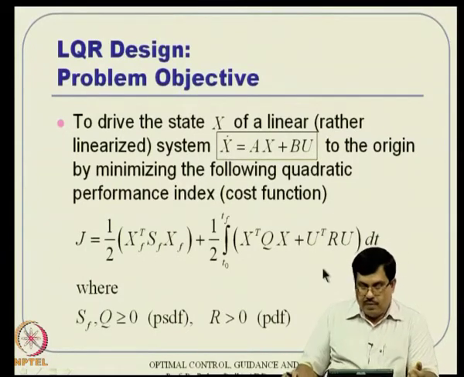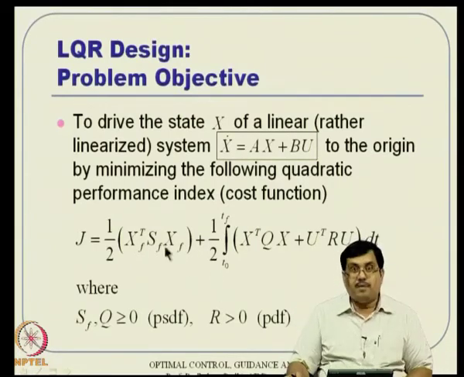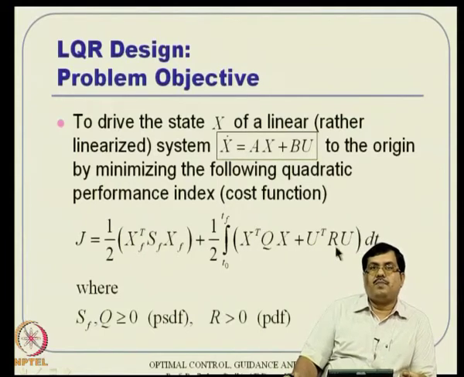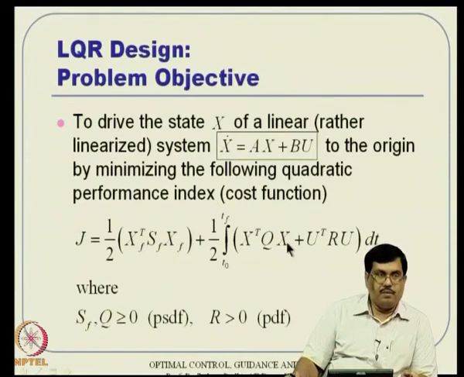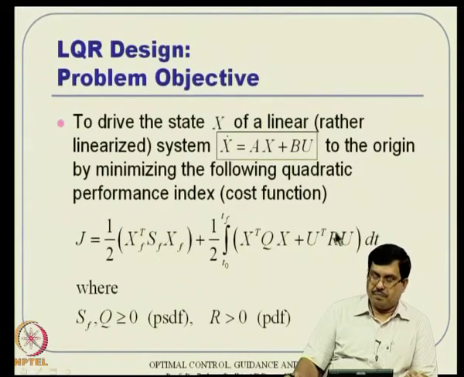This is the terminal penalty, XF transpose SF XF, and this is the path penalty, where we want to keep the state deviation as small as possible throughout, and we also want to use as little control as possible.